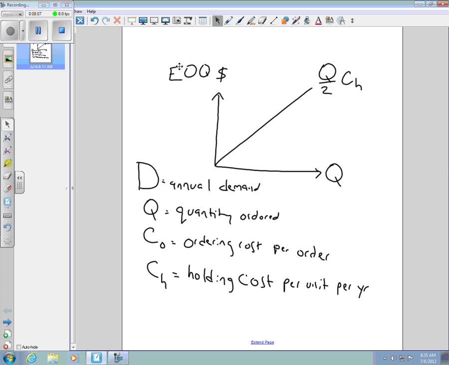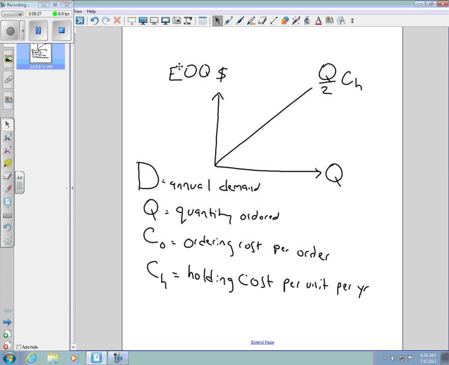So even though we order 1,000 units, we're only on average going to have 500 laying around the store. So we're going to base that holding cost on that 500. Okay, I'm using 500, 1,000, just kind of pulling numbers out of the air. Nothing special about those numbers.